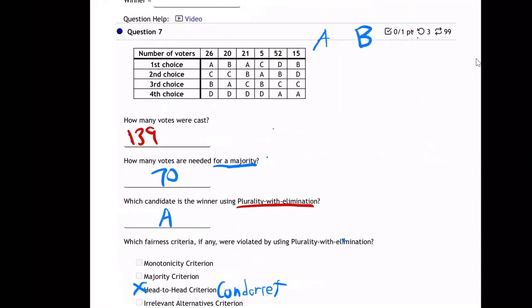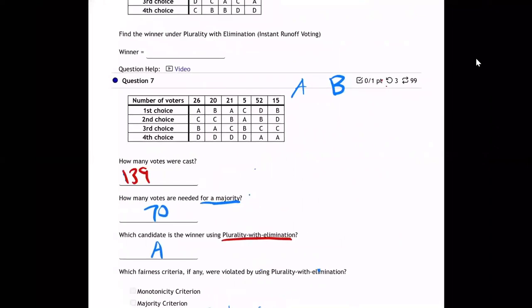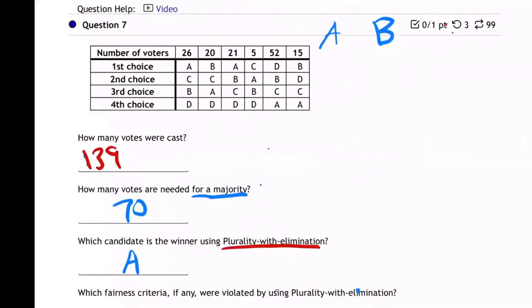Now, when you're doing a head-to-head, you are just doing those two. You're pretending the other candidates dropped out of the election. Remember this from last week? If it's just a head-to-head between A and B, it's like a tennis tournament or a boxing tournament.